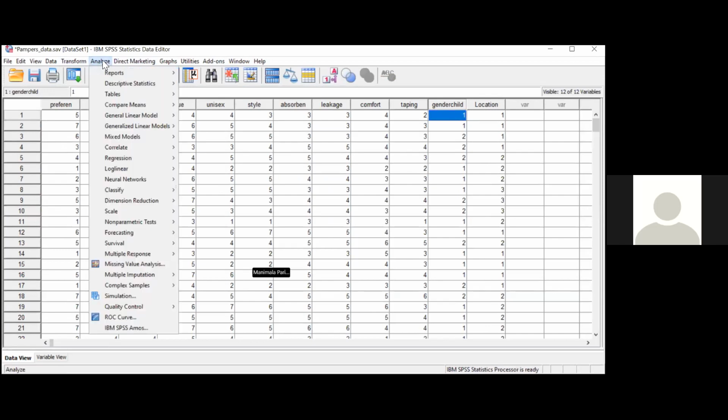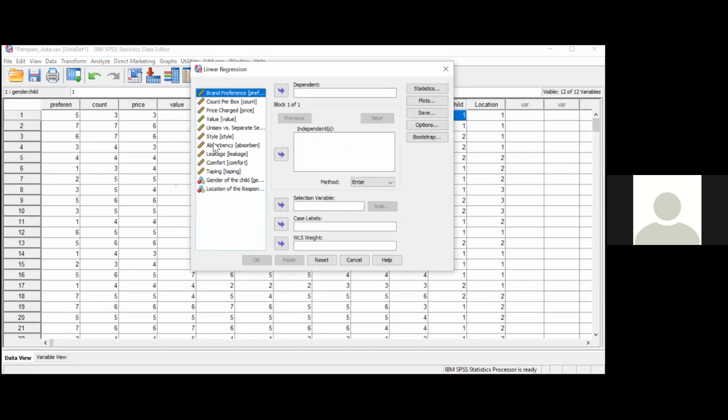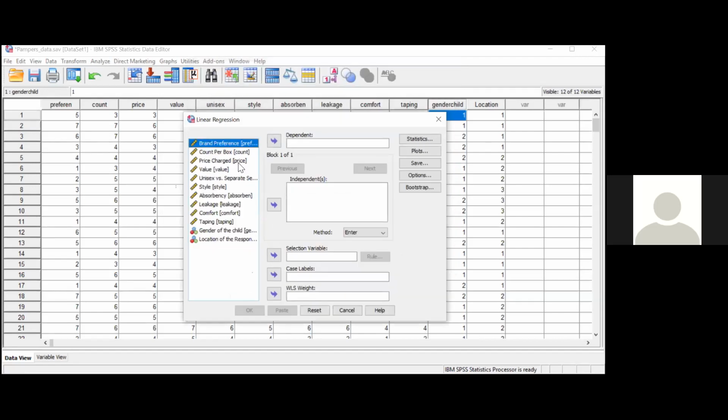So we go to Analyze and then to Regression. As you observed, all the variables x1, x2 are linear in nature, so the most basic and common regression is linear regression. This is the dialog box of linear regression.